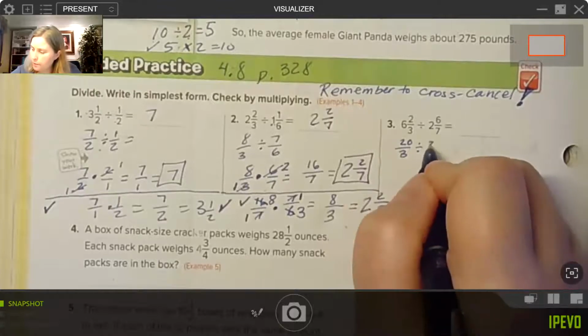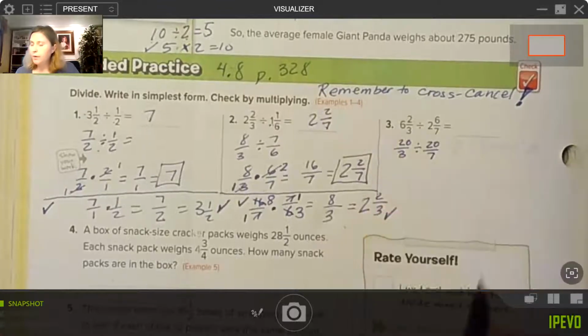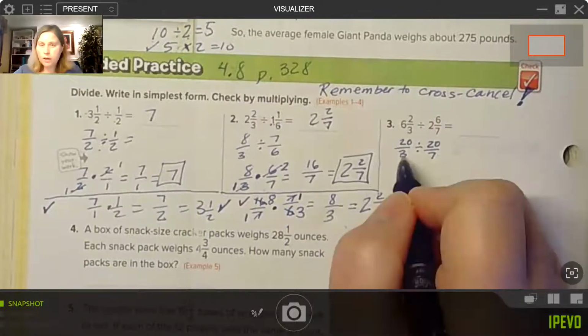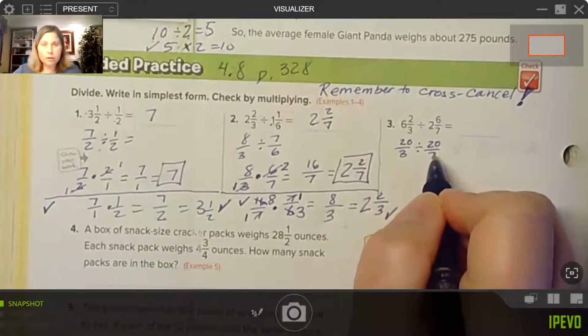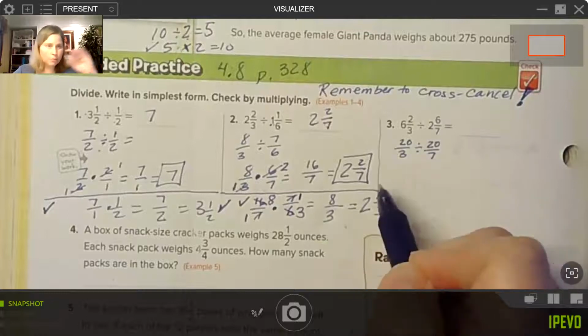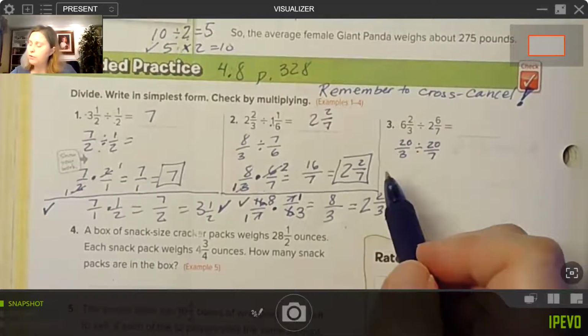So 20/7. All right, great. Now that I've changed them both to improper fractions, I want to leave that first number alone and multiply by the reciprocal. And I will remember to cross cancel. I already see these 20s are going to cross cancel right out. That's going to be beautiful.